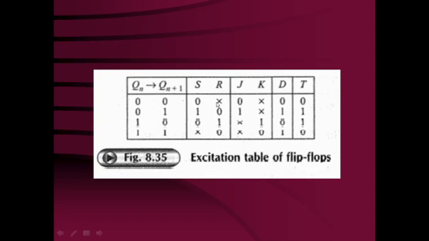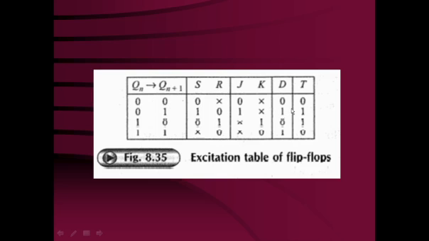That is 0x. If it is a JK flip-flop, the condition required is J equal to 0 and K equal to don't care. X stands for don't care. Don't care means K can be anything, 0 or 1, it doesn't matter, but with the next clock pulse, it remains in the same state.